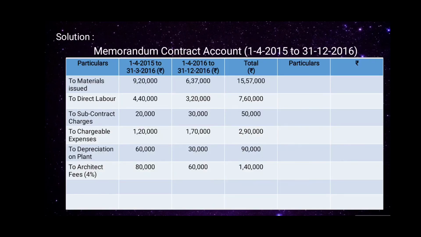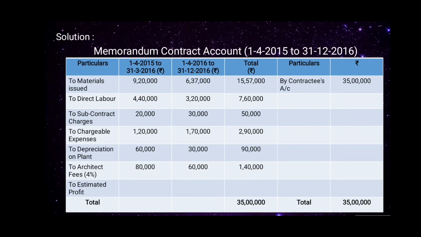So we'll record it on the credit side. By contractee's account, amount will be 35 lakhs. So let us take the total of both the side, which will be 35 lakhs on the debit and on the credit side. And the balancing amount will be termed as estimated profit, which is coming on the debit side. So to estimated profit, amount will be 6,13,000.